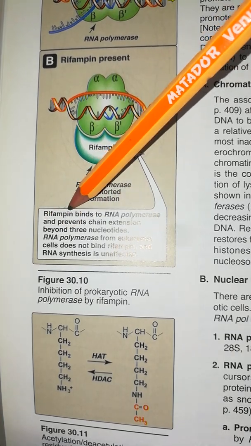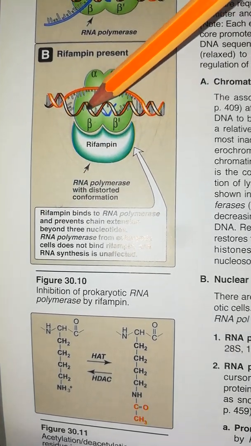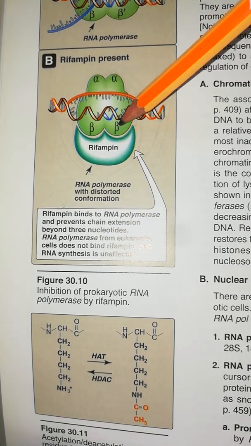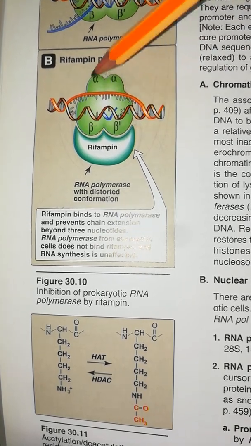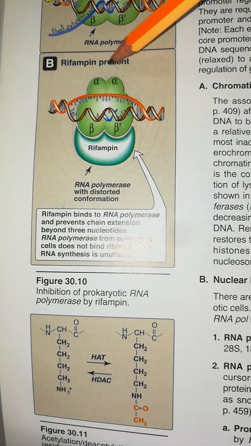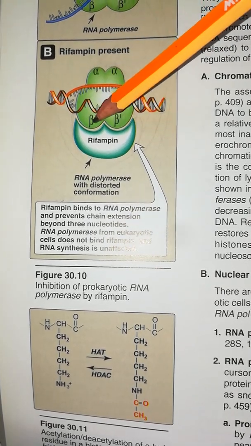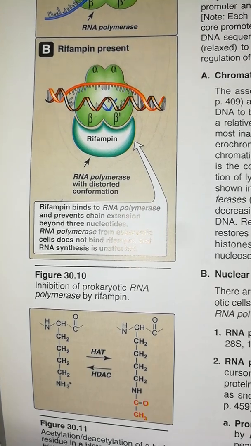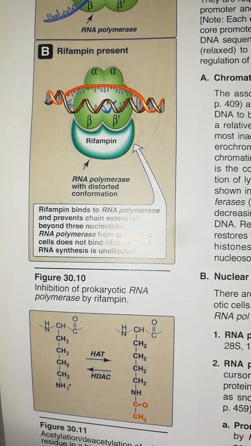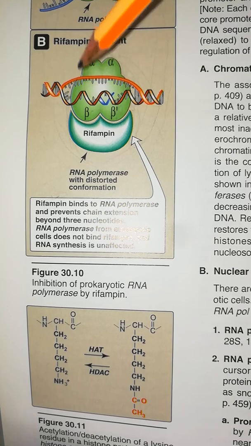Tuberculosis can be treated by this rifampicin. We know the RNA polymerase enzyme has beta prime, beta subunit, alpha alpha subunit, and also sigma factor. We already know that the RNA polymerase enzyme enters into the promoter region, the Pribnow box, or the minus 35 hexameric nucleotide sequence.